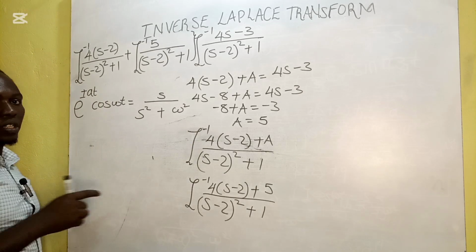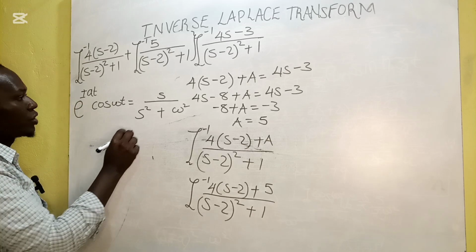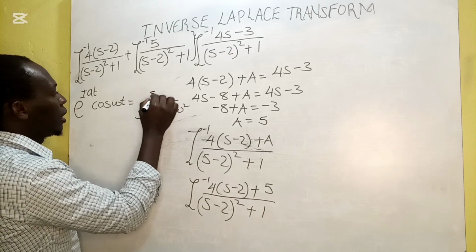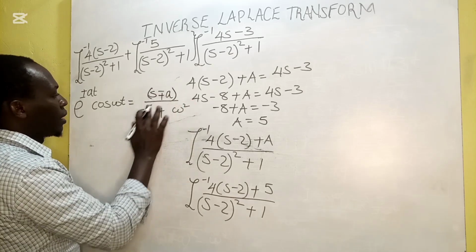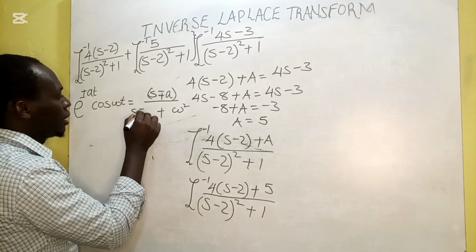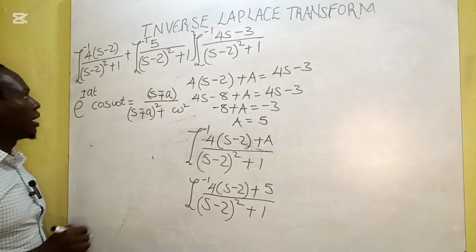But since we are using the first shift theorem, it means that the term of s must be shifted, and when we shift here, we are going to have s negative or positive of a. Also on the denominator, we are going to have s negative or positive of a squared.